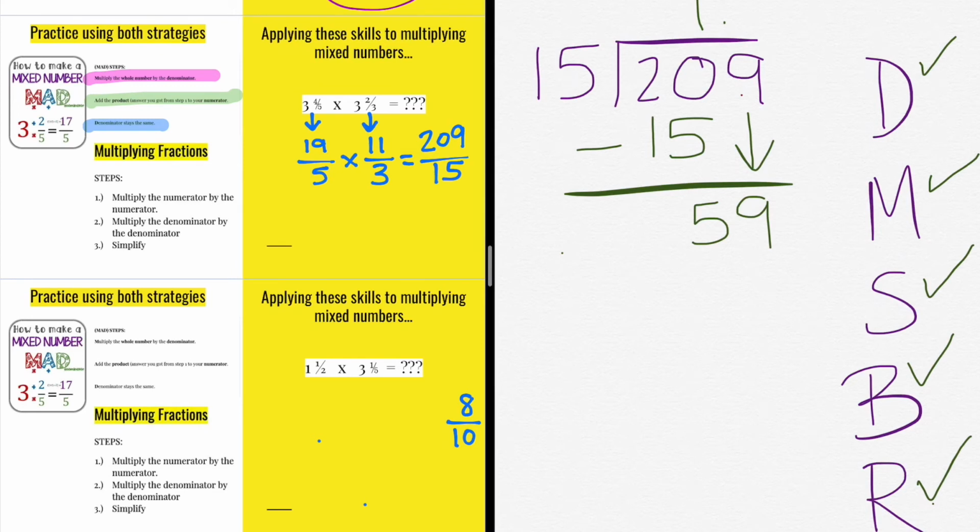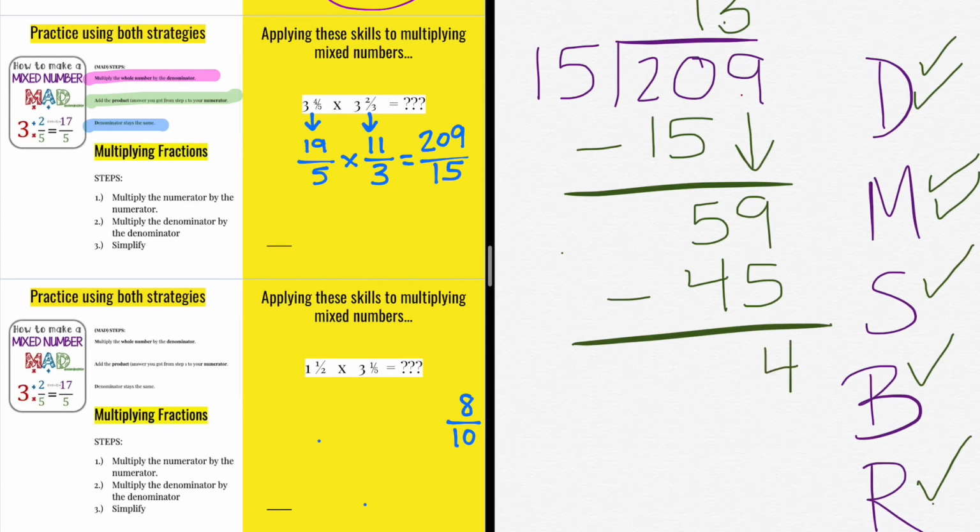And I know that is 3 times. 3 times 15 equals 45. And when I subtract those, I get 14. There is nothing to bring down, and I know that that is my remainder because 14 is less than my divisor.